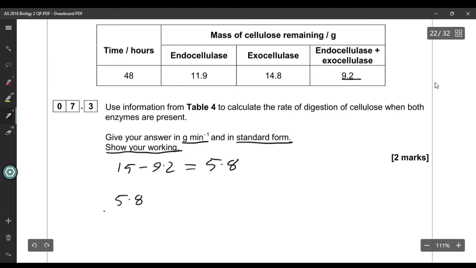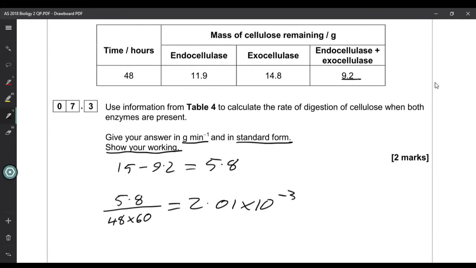So if we put that over the 48 hours times by the 60 minutes that are in each hour, then that gives us 2.01 times 10 to the minus 3 grams per minute. So the way that we calculate this is how many grams have been digested, and then divided that by the number of minutes that it took to digest it.